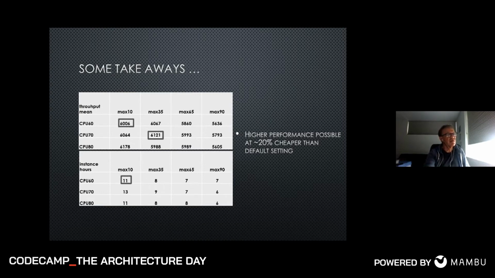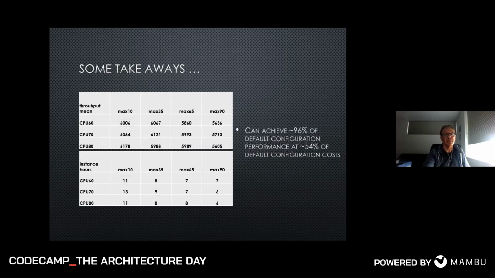But here we're paying 11 instance hours for our test. Here we're paying 9, which is roughly 20% cheaper. So just by varying the values, we can see that we can save money. And 20% doesn't seem a lot, but if you're spending millions of dollars per month on your server deployments, then 20% is a lot of money.